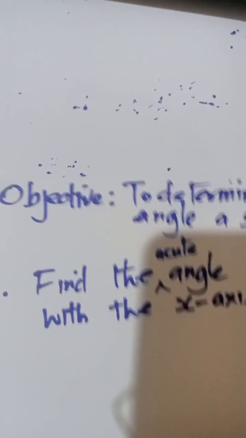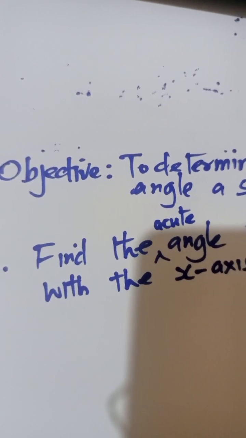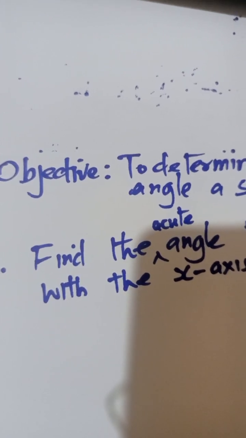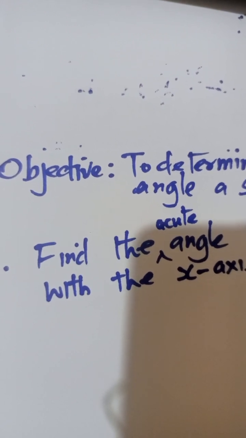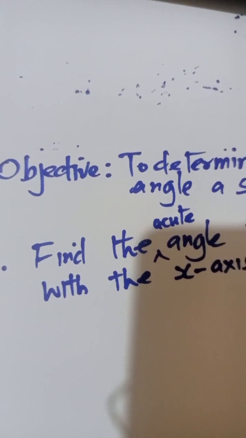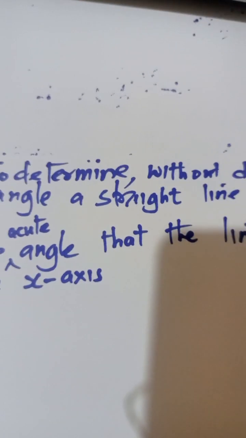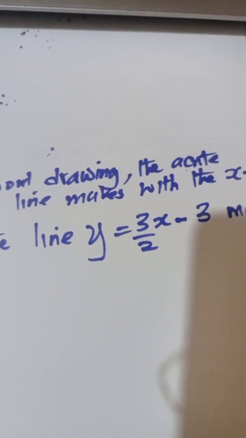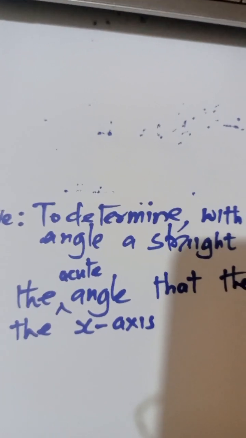Before we see how that happens, I will approach it from a diagram perspective so that we can visualize what we are talking about here. But the main objective of this session is to determine that angle, the acute angle that a straight line makes with the x-axis without drawing.